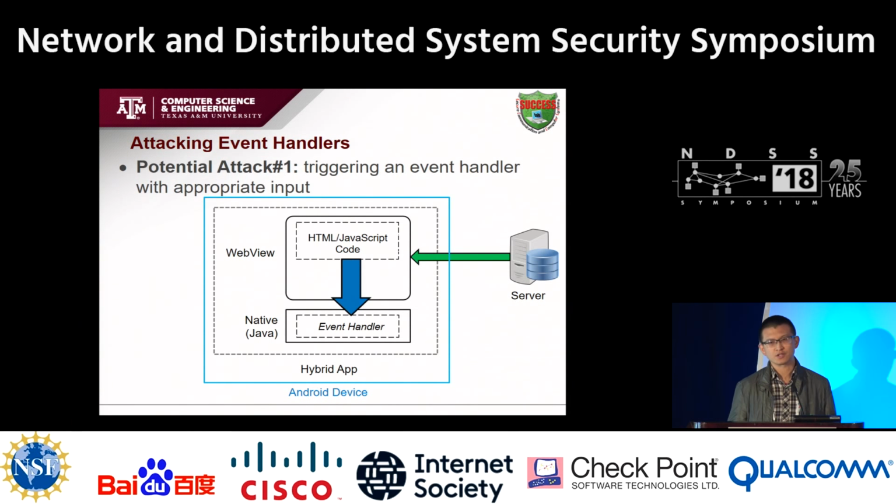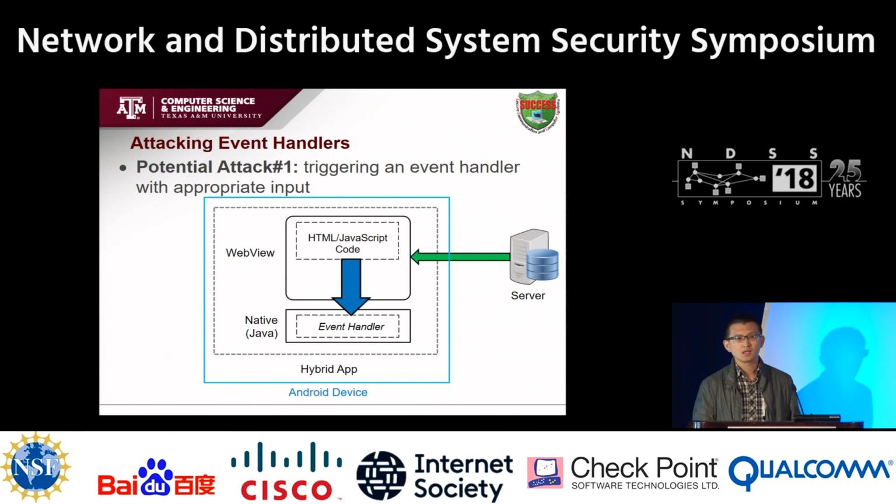One potential attack pattern is that an attacker may inject malicious code into WebView, trigger the event handler, and access the native functionality. Use this picture to demonstrate this scenario. The left blue box is the Android device, and the right side is a web server. At runtime, the WebView will contact the web server and load its content.